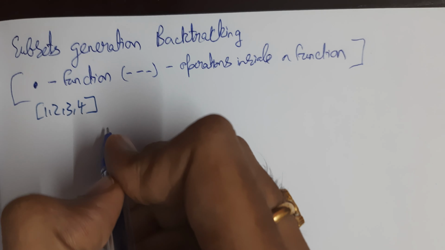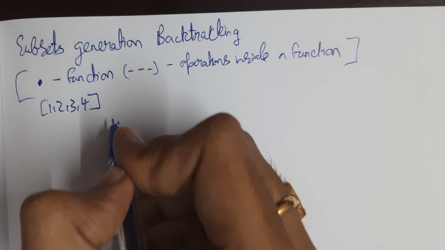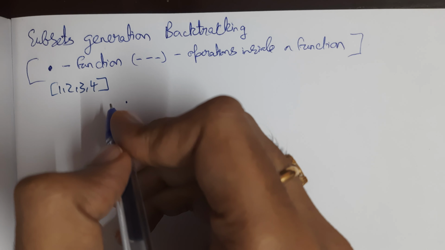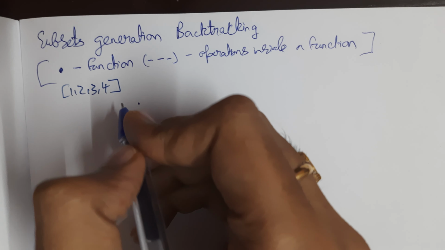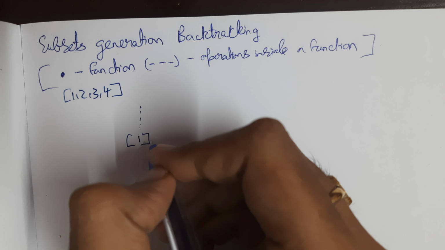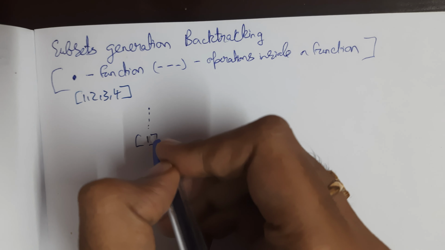So I will start with nothing, and then what the code says is the subset will be appending num of I. So we'll be appending 1, and then we are going to pass I plus 1 as the parameter to the next function. So I is currently 0 and I plus 1 will be 1.